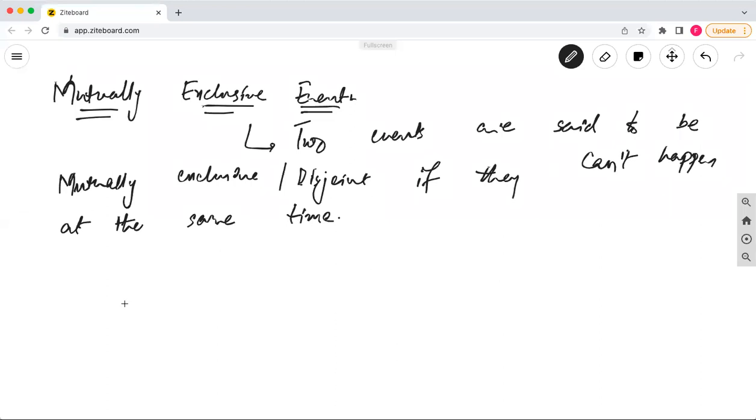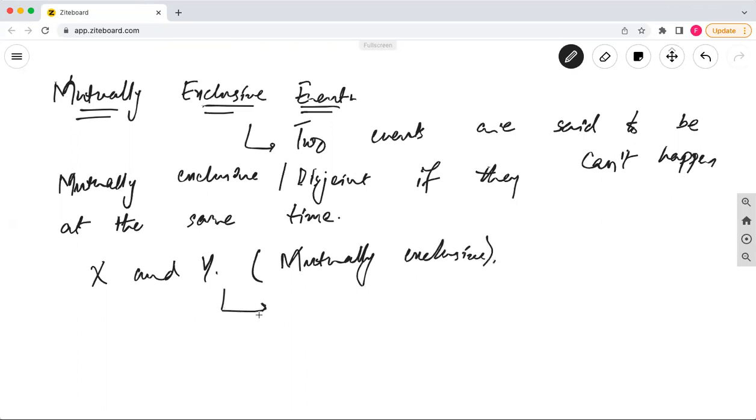So if I consider two events X and Y out of the total, and I say that both of these are mutually exclusive, what exactly can I say about these? The first thing I can say is that event X can happen alone.